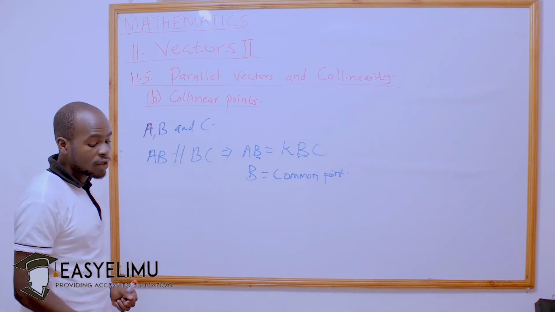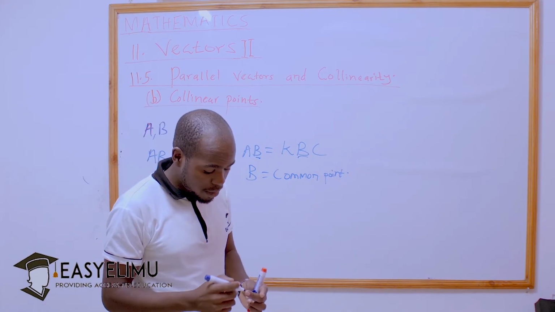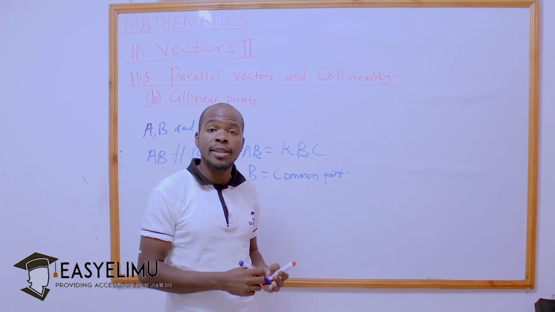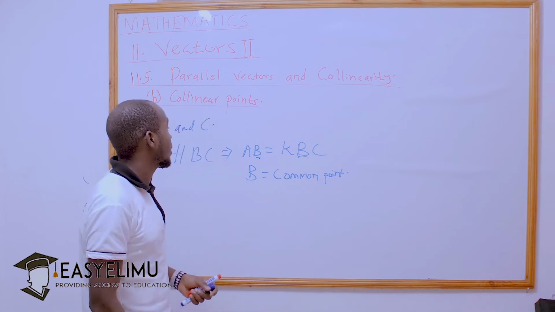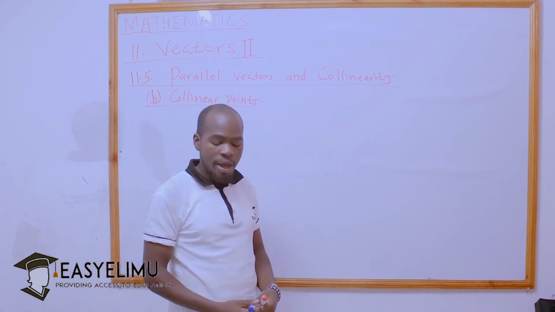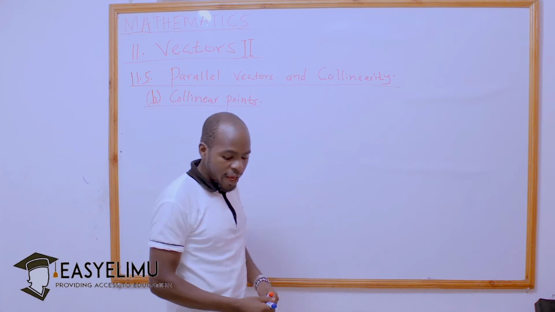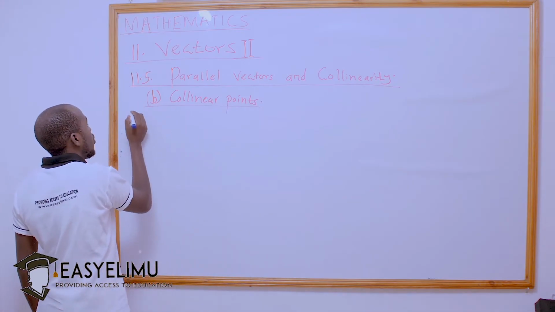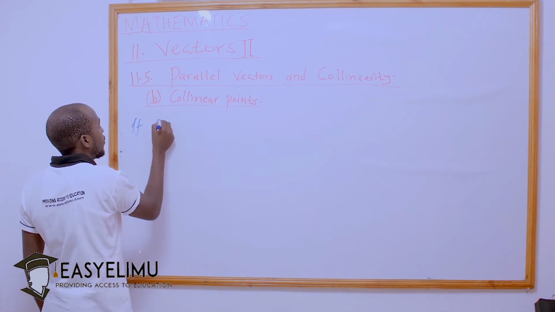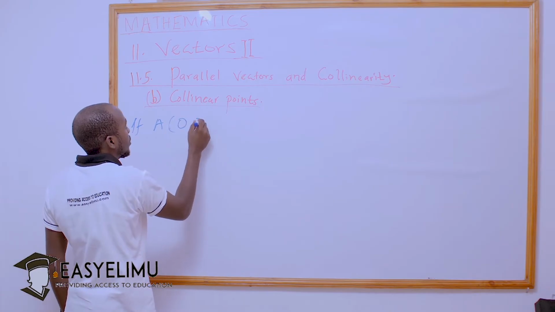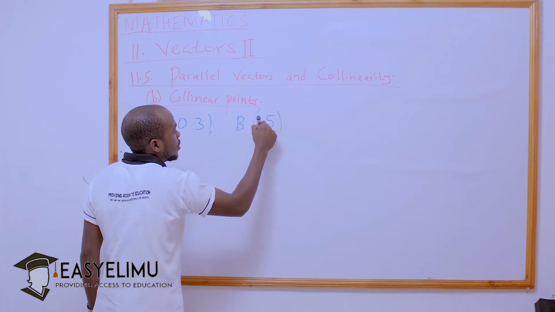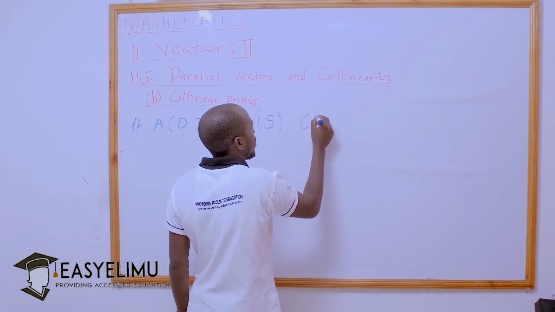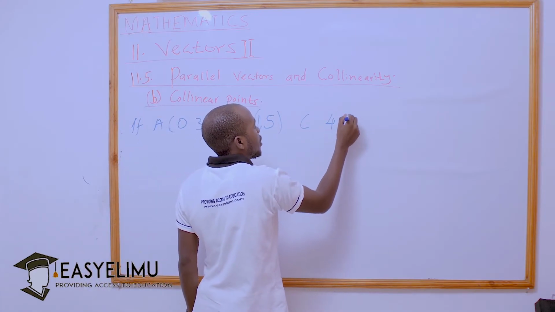So we are going to see some examples, both in 2D and in 3D, and view what will result. In 2 dimensions, we have an example where A is (0, 3), B is (1, 5), and C is (4, 11).